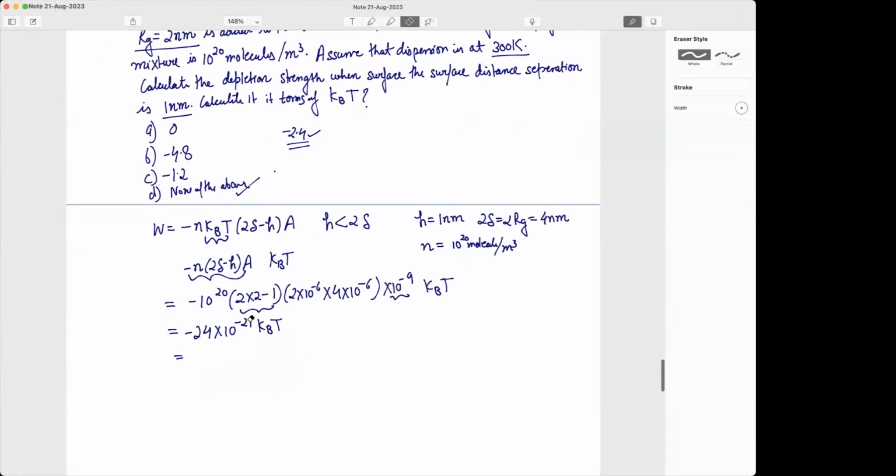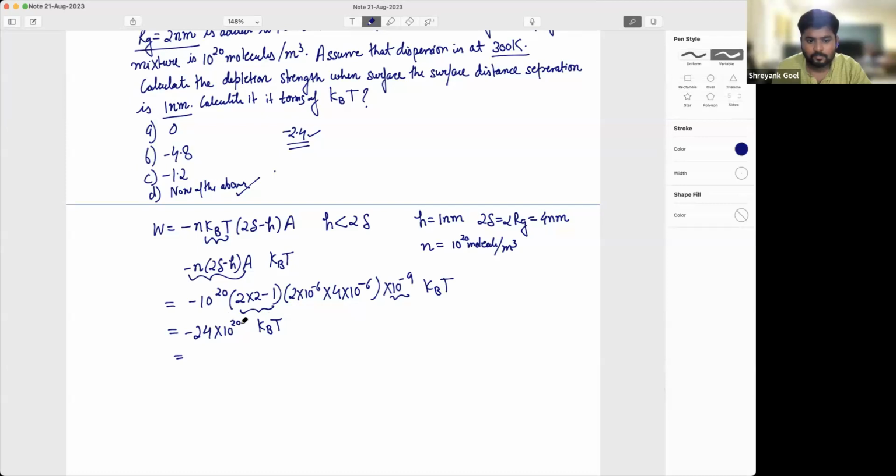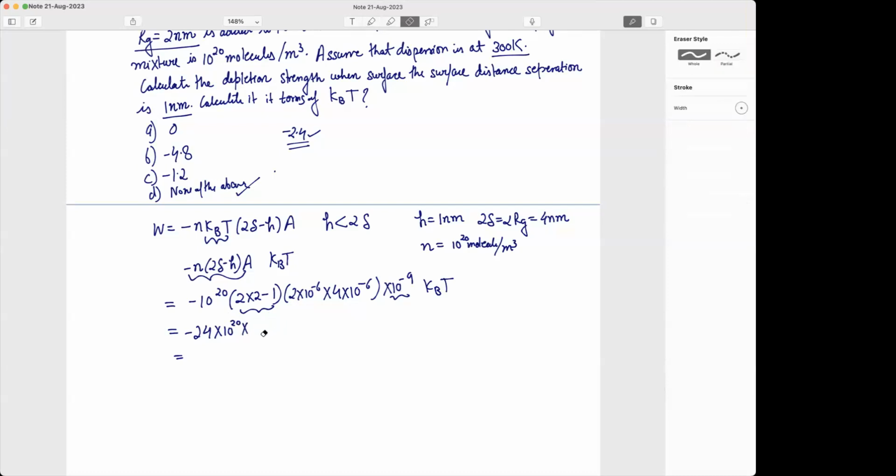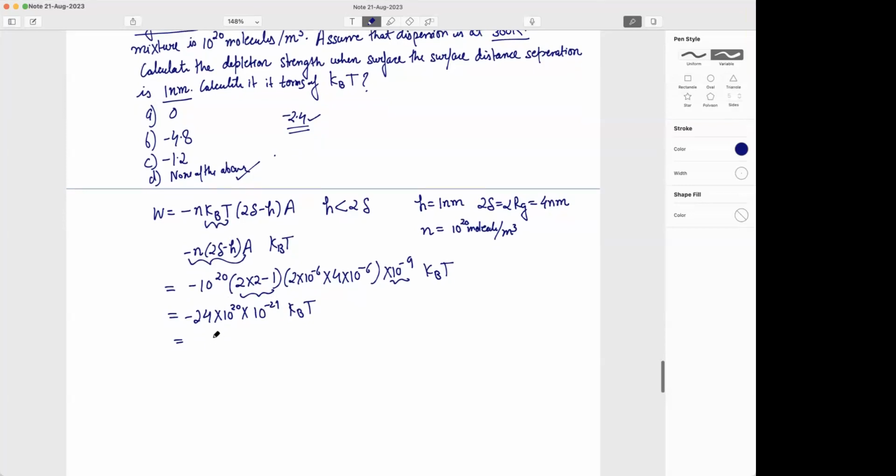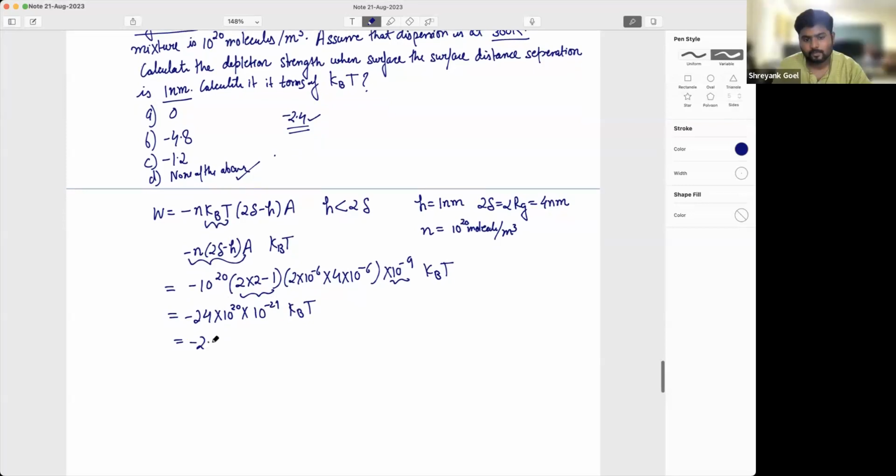No, sir, I'm saying that into 10 to the power minus 21 into 10 to the power 20. One minute. 10 to the power minus 21, yes, into kBT. Yes, sir, this is the answer. So this becomes minus 2.4. So the correct option is none of the above.